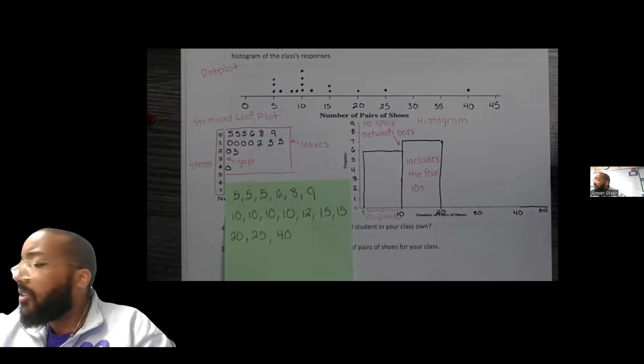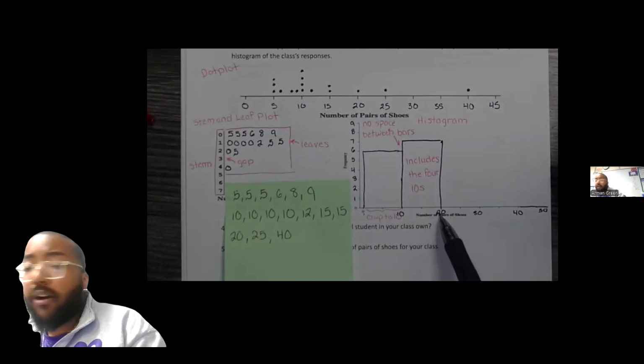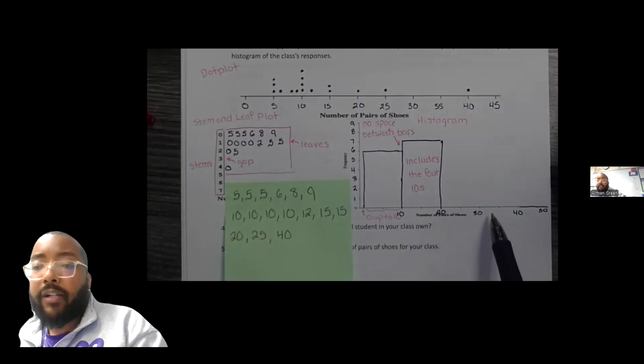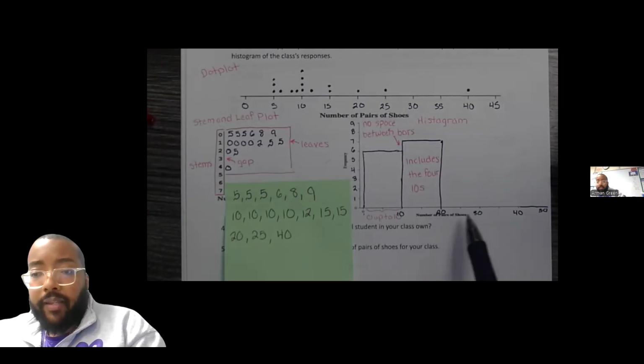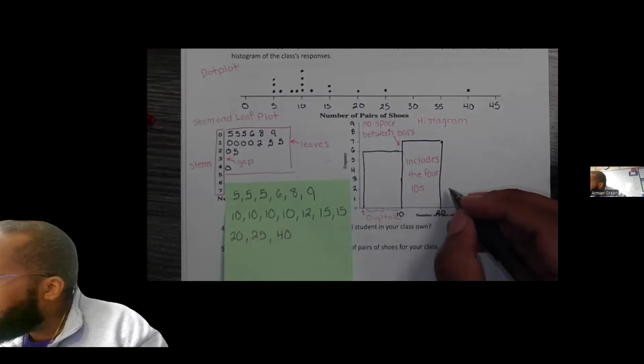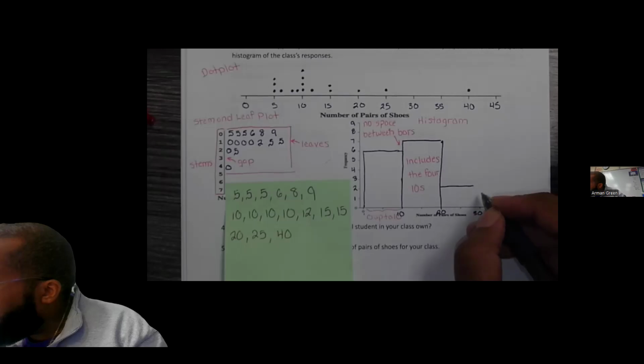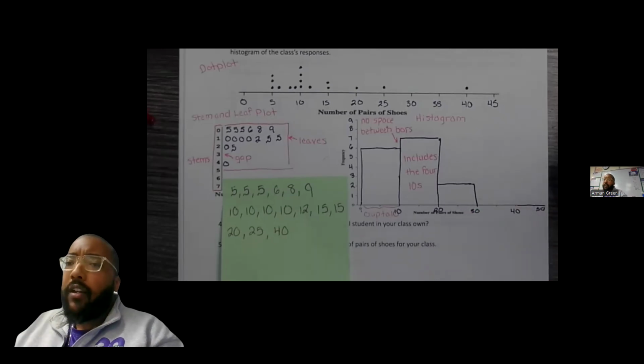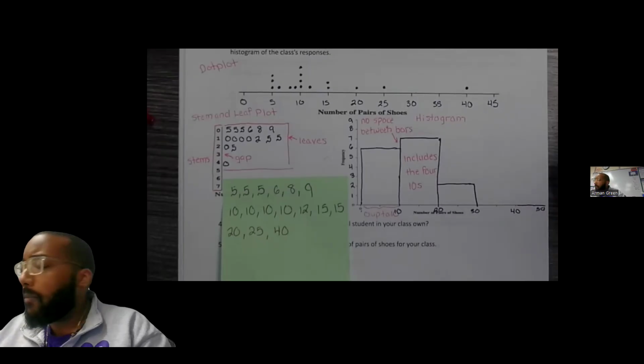So that means that if I were to create a bar from 20 to 30, I'm including the number 20 and any other number that is less than 30. So in this case, I have 2 numbers, 20 and 25. So my third bar is going to go all the way up to 2. And again, we're having no space between our bars for a histogram.